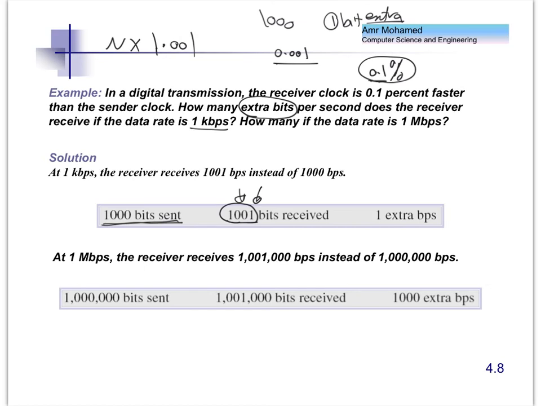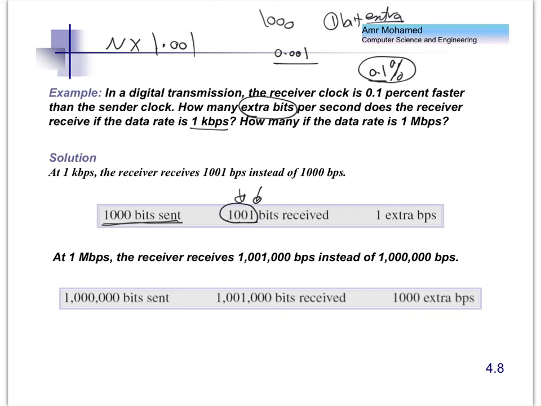No matter what you do, they are not 100% identical. So because of this, you have some extra bits that the receiver will see, even though the sender did not actually send these extra bits. These extra bits have not been sent by the sender, but the receiver still sees them.